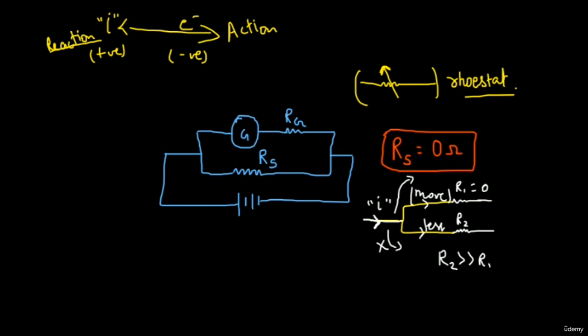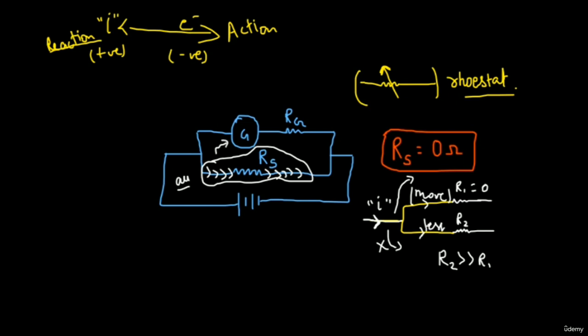Now what is the purpose here? The current is moving through this passage. When the majority of the current moves this way, we are able to calculate the measurement through our galvanometer precisely and quickly. So theoretically zero means all the current is flowing through this way, and we are able to read our galvanometer quite easily.